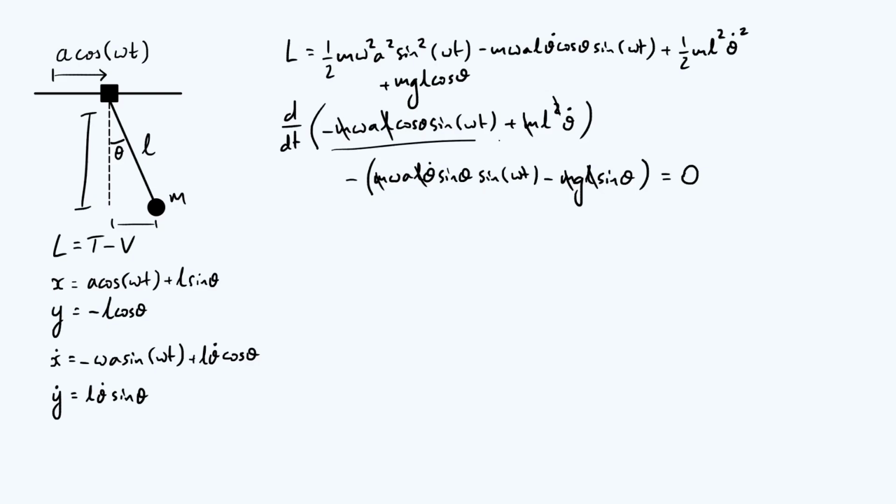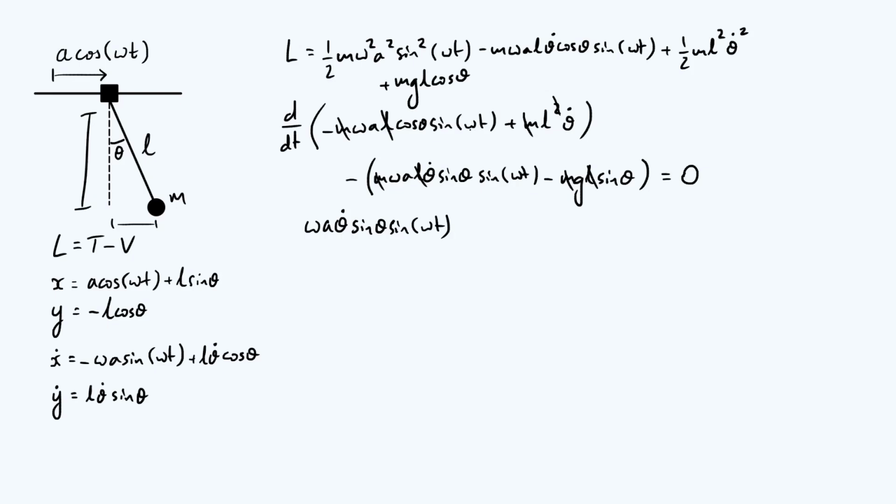For that first term up here, we're going to need to use the product rule because theta and sine omega t both have time dependence. So if we differentiate the cos theta bit first, that differentiates to minus sine theta, and we get a theta dot from the chain rule. That makes that minus sine disappear. So you end up with omega a theta dot sine theta, and you keep the sine omega t as it is.